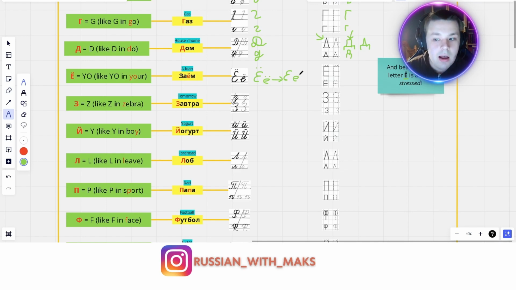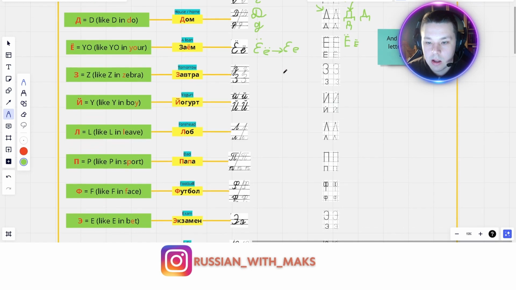Yeah. Now the print, super easy. Don't forget the dots.